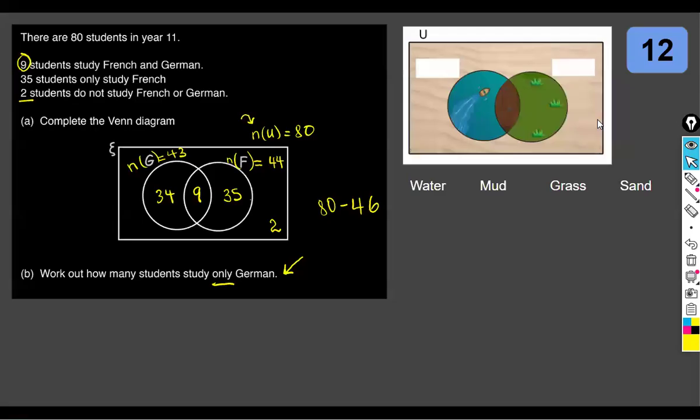So if you catch it the first run, don't worry, you know me. I'm going to do multiple examples today. And I'm always going to try some trick on you. Right, and the answers are coming up really fast. The answer for this one would be 34, because only German means the portion inside.